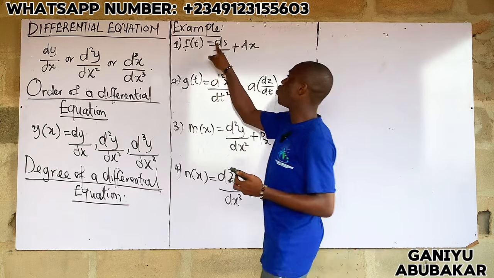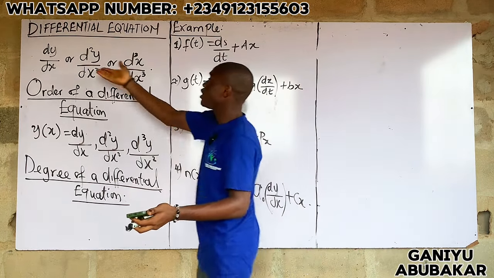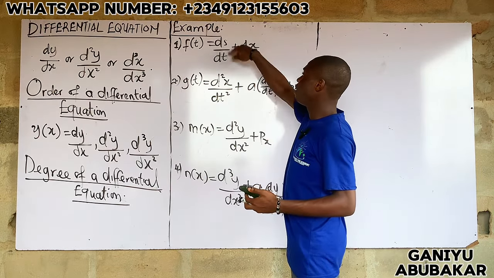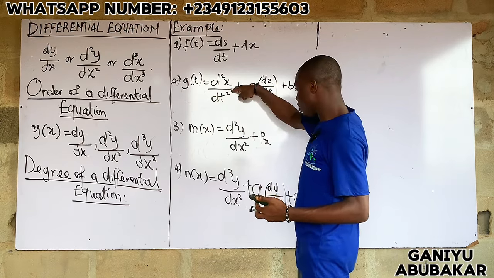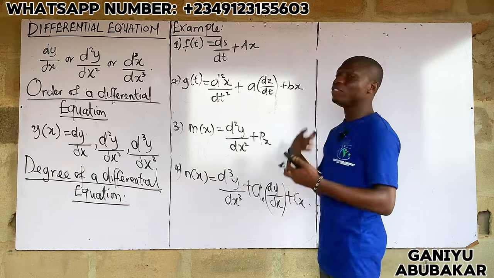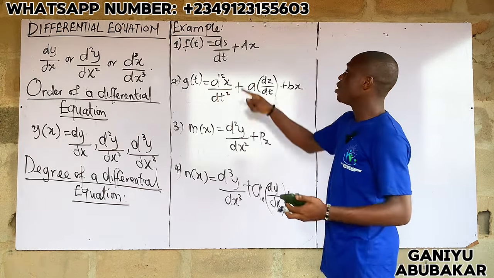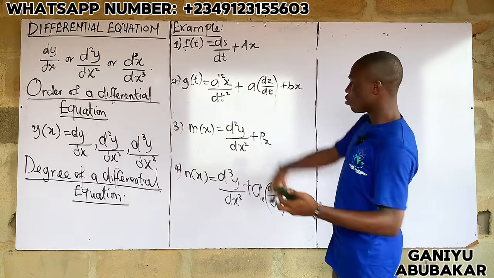Why? It contains ds over dt, d squared s over dt squared, and d cubed y over dx cubed. All these are called differential equations because it contains at least a differential coefficient.